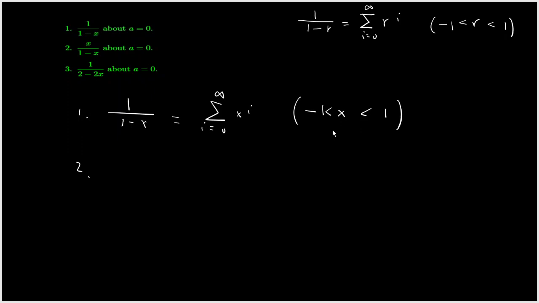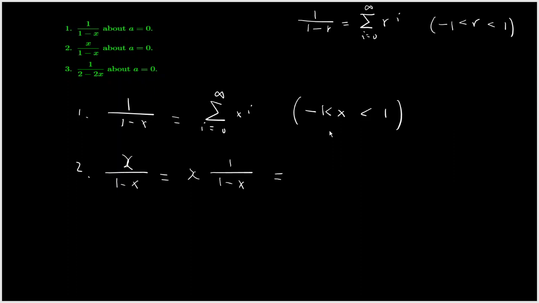Now let me try to show you what I mean. I will give you the answer in 2 steps. 1 over 1 minus x. In question 2, you have x, so which is the same thing as x times 1 over 1 minus x.